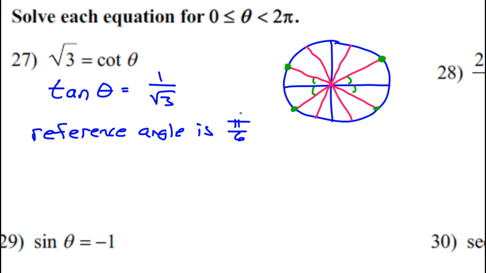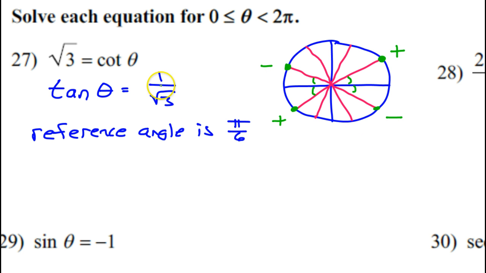So another thing that you should have memorized is where tangent is positive, what quadrants. Turns out tangent is positive in the first quadrant. All right, everything is positive in the first quadrant. Tangent is positive in the third quadrant, and tangent is negative in these 2 quadrants.